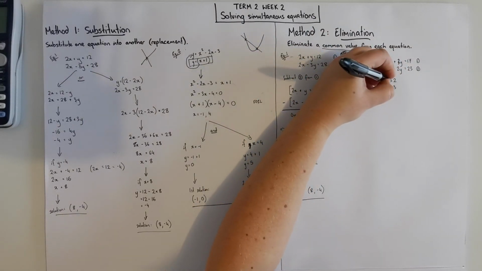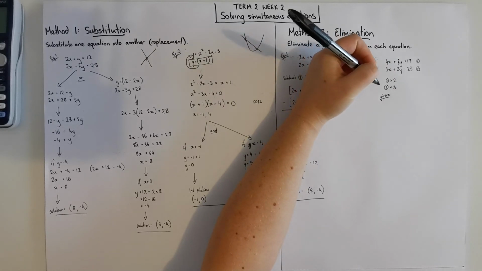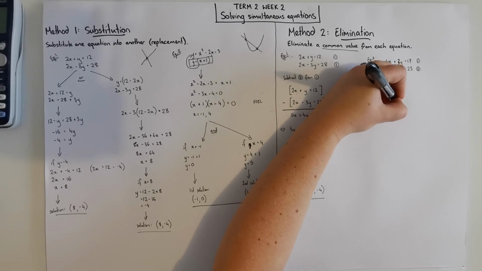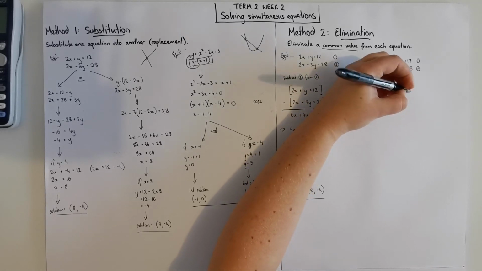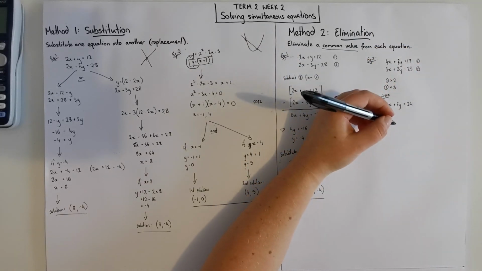Now, when we do that, we end up with the equations, plural, that will give us 8x plus 6y equals 34.